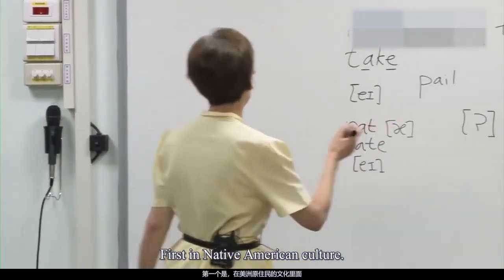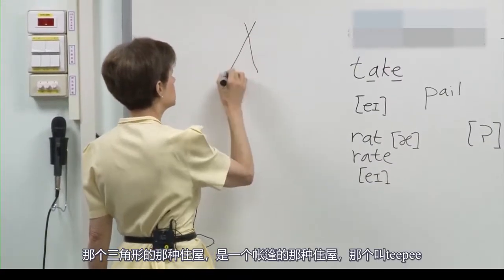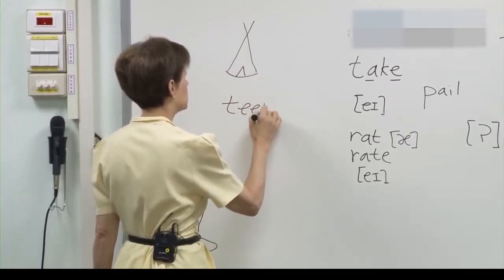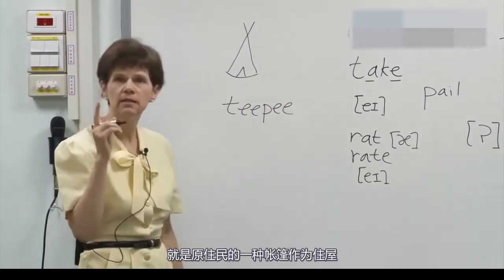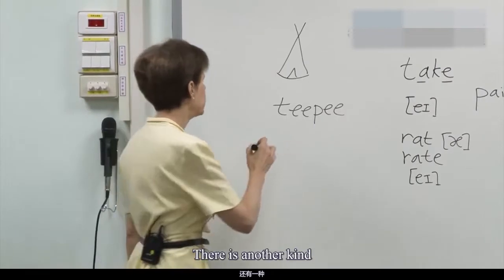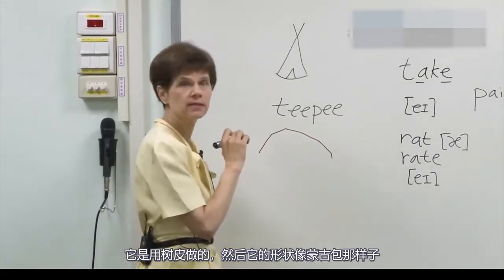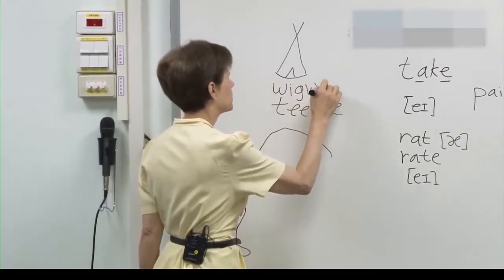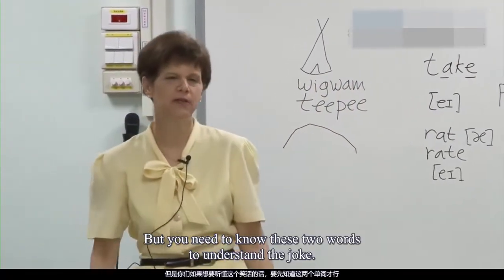First, in Native American culture, 那个三角形的那种住屋是一个帐篷的那种住屋，那个叫 tipi，它拼法很多种，也有 tipi，tipi，这是那个原住民的一种帐篷作为住屋。There's another kind，它是用树皮做的，然后它的形状像蒙古包那样子。That's called a wigwam. Now this sounds like really 题外话, but you need to know these two words to understand the joke.